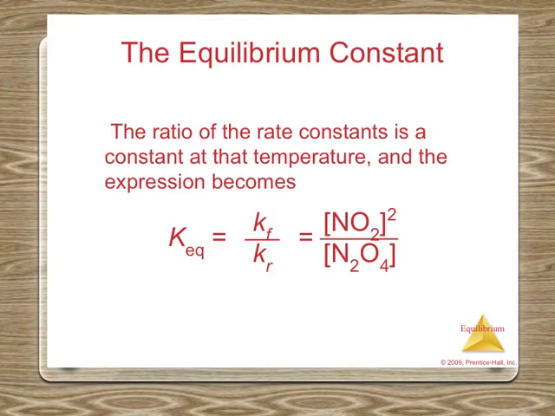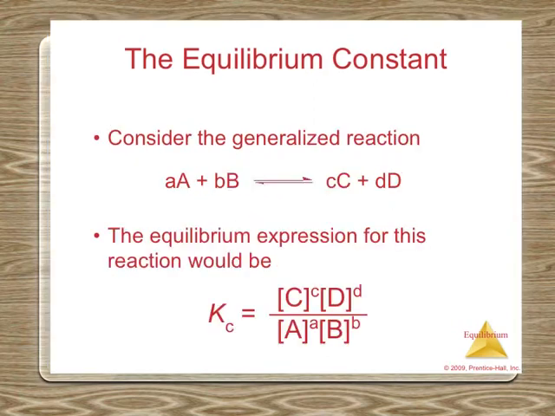So as long as we don't change the temperature and change the value of K for the forward or the reverse reaction, the ratio of those constants is also going to be constant. And so we refer to that ratio of the constants as the equilibrium constant.